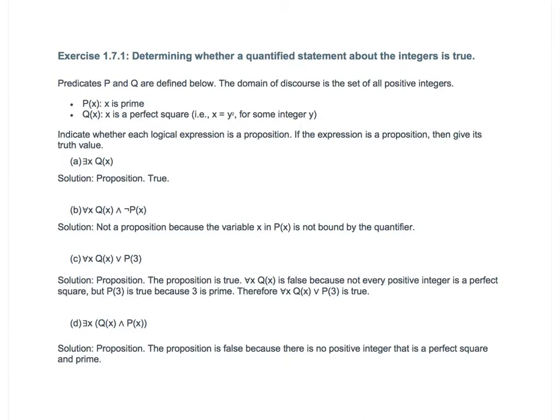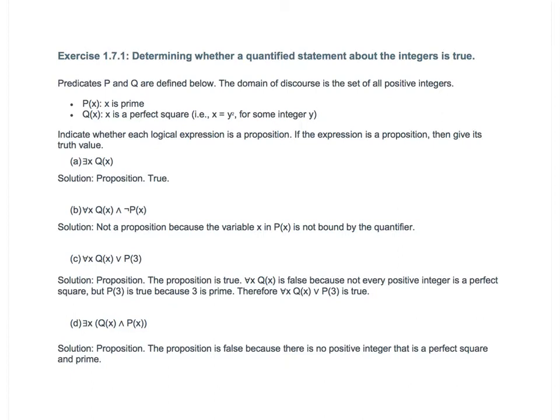And then let's assume that the domain of X in both predicates is the set of all positive integers. Indicate whether each logical expression in the following four cases is a proposition, and if so, then give its truth value.